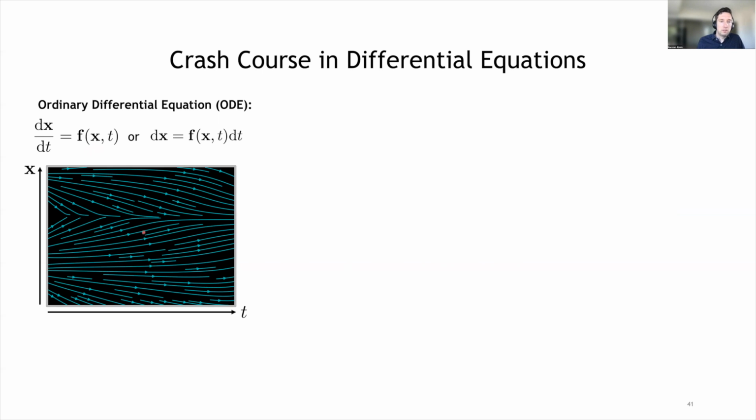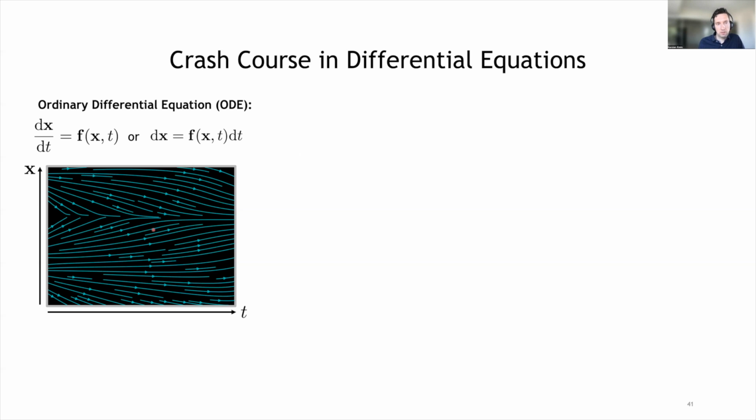If you look at this graph at the bottom, for a point x at a given time t, this f of x describes the change. In other words, f corresponds to an arrow in this graph. If I wanted to get x of t, I would just follow the arrows.